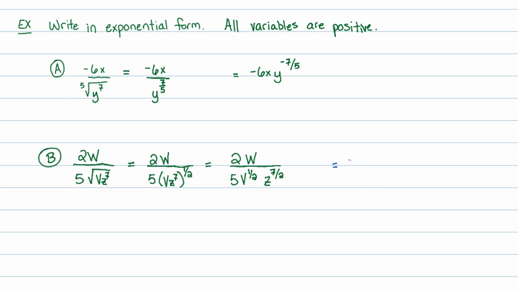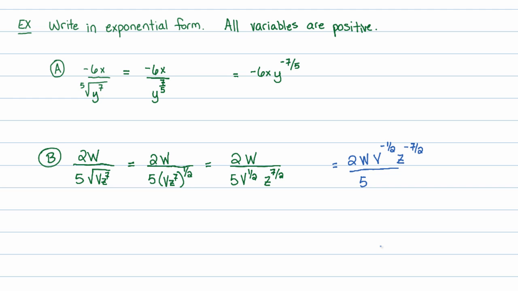That'd be 2W over 5. I'm not going to put a negative exponent on 5, that's ridiculous. V to the negative 1/2, Z to the negative 7/2. But again, I personally like the positive exponent version. Doesn't really matter, honestly, the same thing.